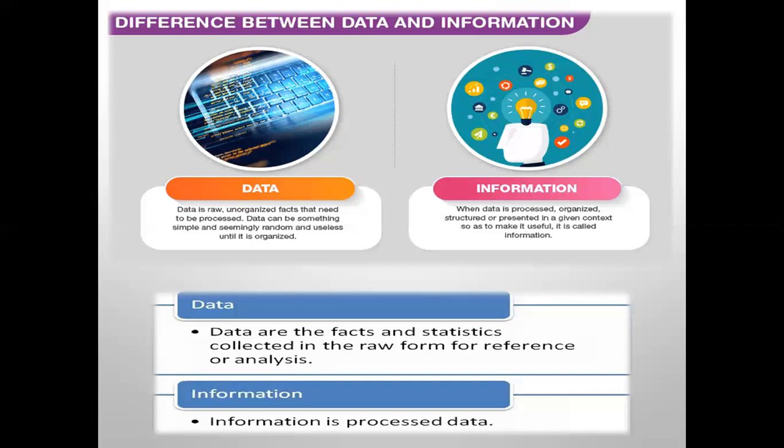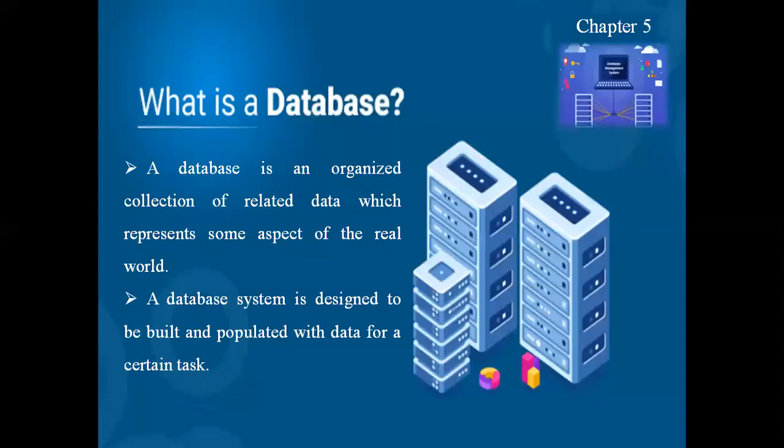Using these two concepts, let's move further to see what is a database. A database is an organized collection of related data. Stress more on these two words, organized and related. So a database is an organized collection of related data.